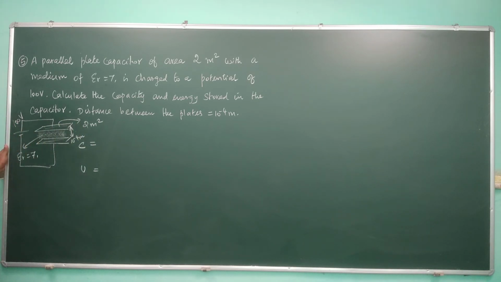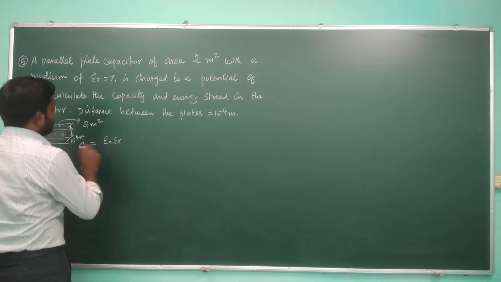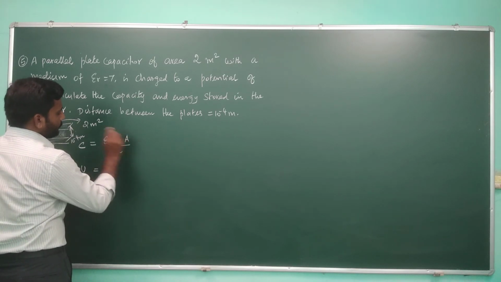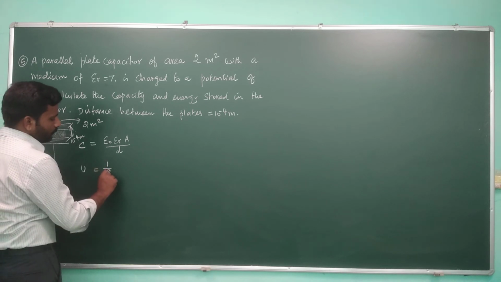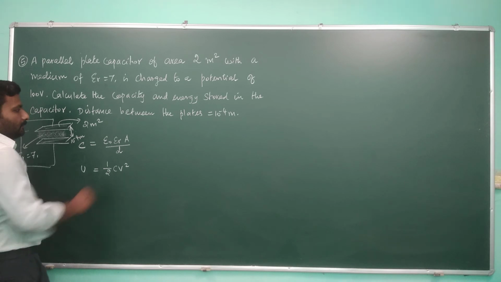What is the formula for a parallel plate capacitor? Epsilon naught, epsilon r in the case the medium is not air, A divided by D. What is the equation for potential energy? 1 by 2 CV square. Fine. Let us proceed.